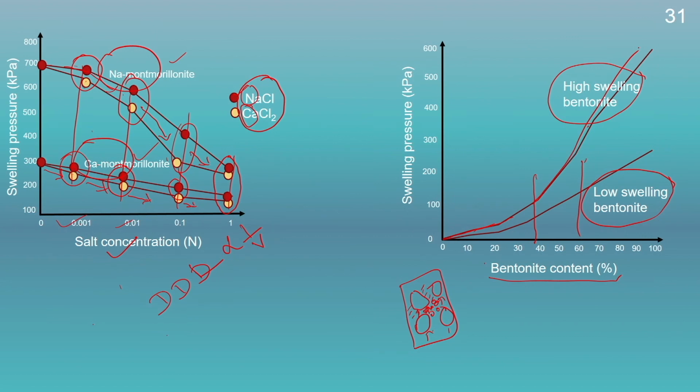Whereas a low swelling bentonite or low swelling montmorillonite requires a higher amount of montmorillonite content to completely fill these macropores to push this non-expansive soil in the upward direction. Therefore, it requires a higher bentonite content to increase its swelling pressure significantly.